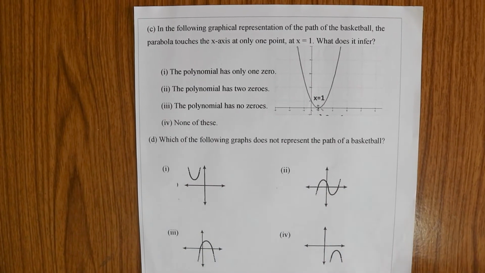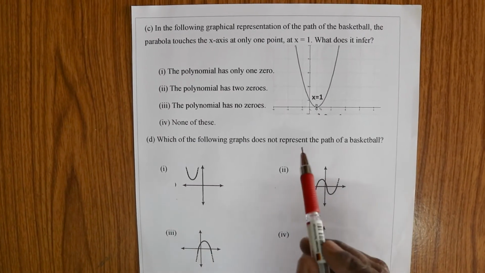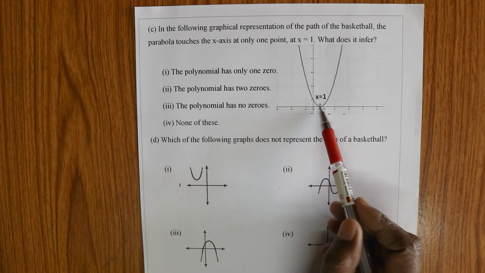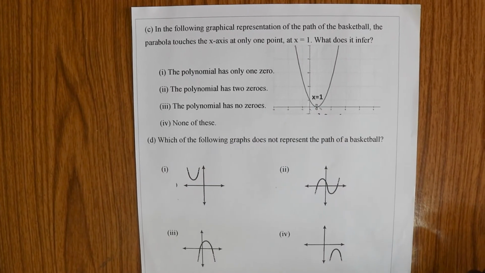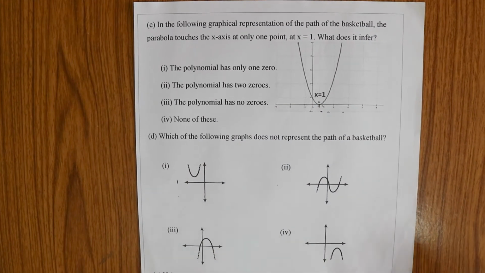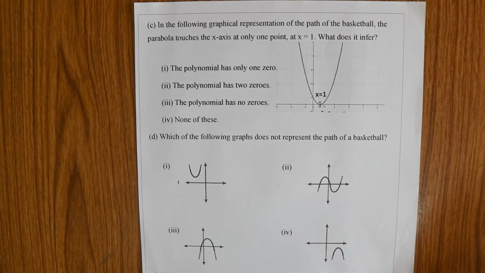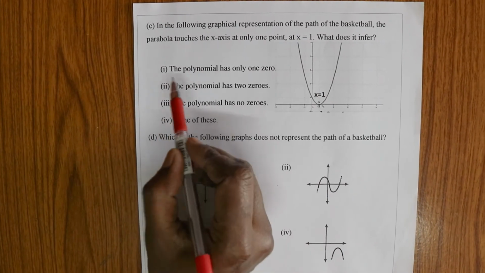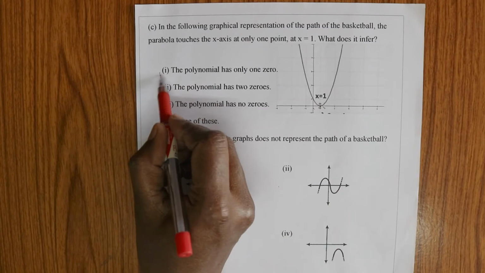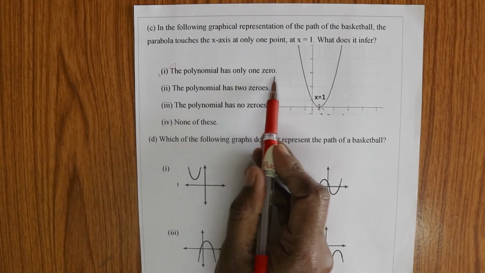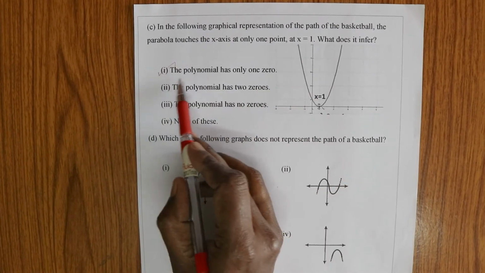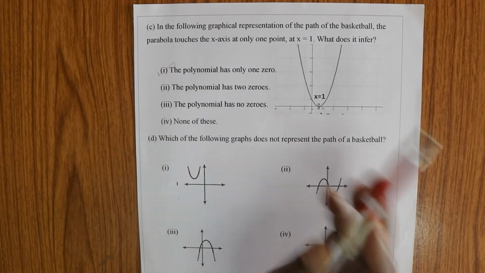Definitely a parabola will have two zeros for sure. But in this case, since it touches the x-axis only at one point, both the zeros are identical and it has only one zero. So out of these, which one will be true? The option saying the polynomial has only one zero. Let me tick this.